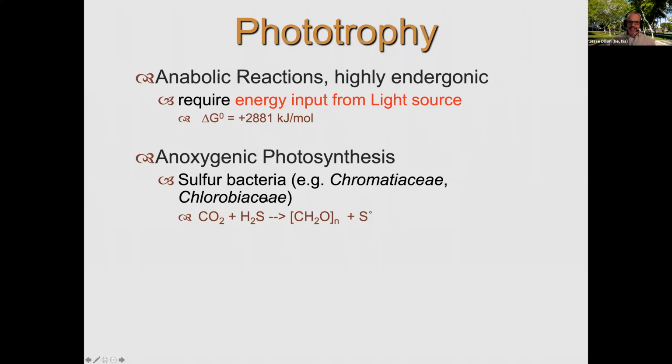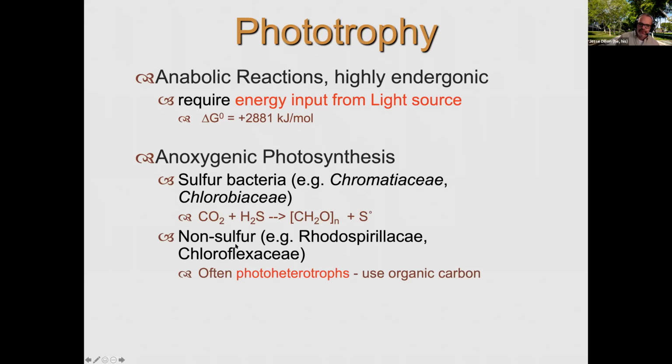The Chlorobiaceae are the green sulfurs. And instead of water as their source of electrons, they use hydrogen sulfide. It still has electrons. How do you know? Because it's got these H2S here, right? So they take the electrons from here and they reduce CO2 to sugars. Okay.